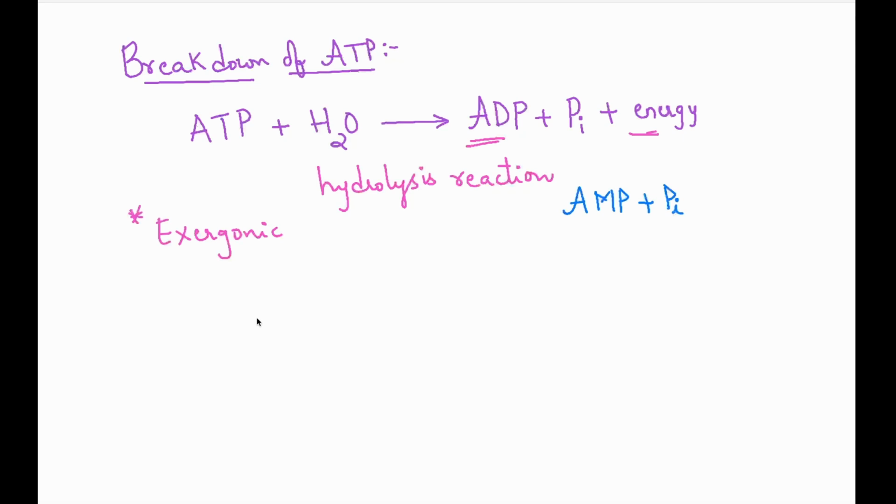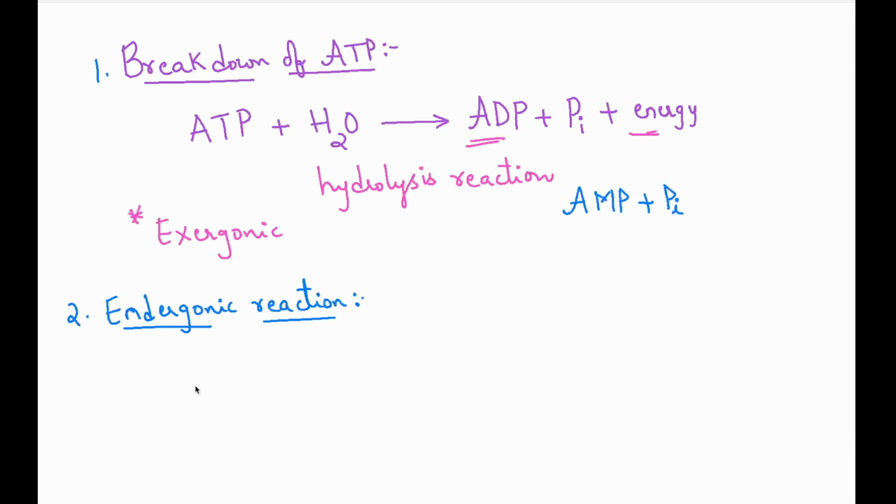Now let's look at the other reaction, which is the endergonic reaction. So the first one is the breakdown of ATP to release energy. Second one is the production of ATP.